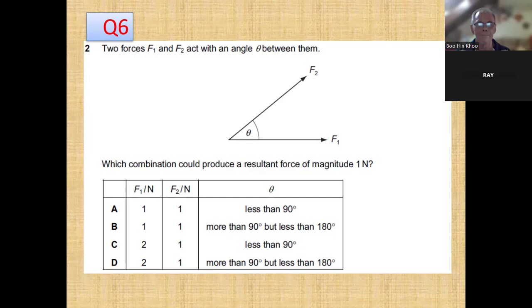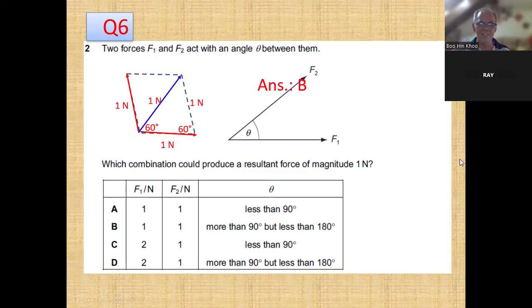A. Cannot be. It must be like what we did just now, 60, 120 degrees. Then this is 1 Newton. Yeah, so it's B.